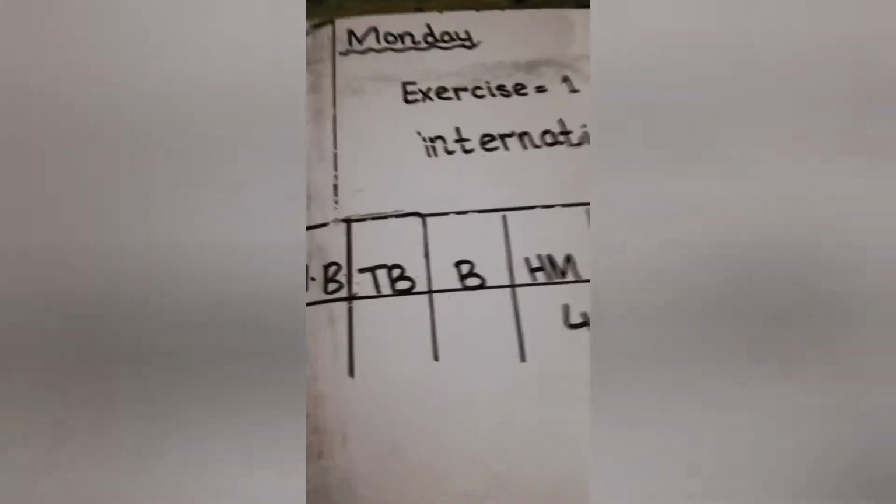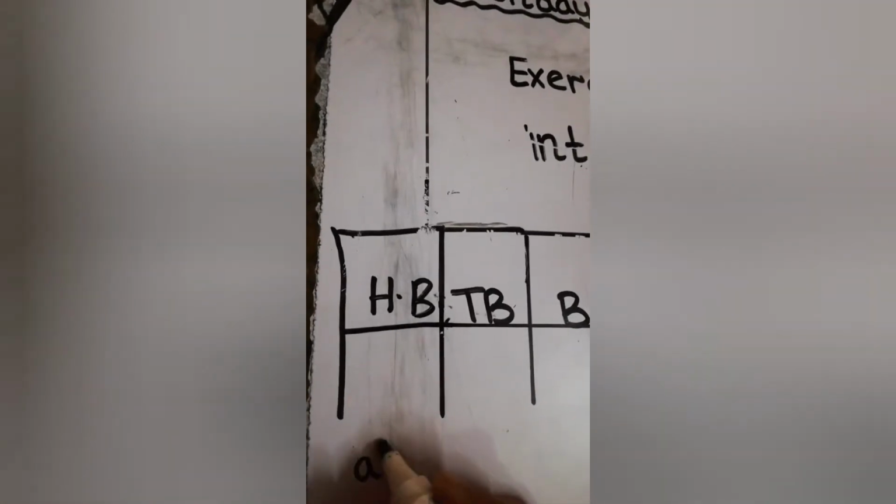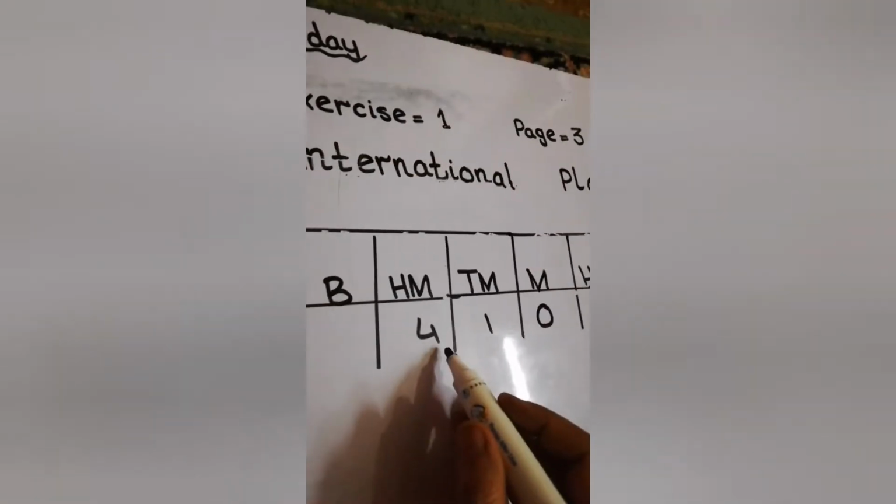After 3 digits we must put a comma. 1 2 3, 1 2 3, 1 2 3. There's no number in the billions column, so we won't put a comma here. The answer of part A is 410 million, 138,700, and you have to write the answer in words form.